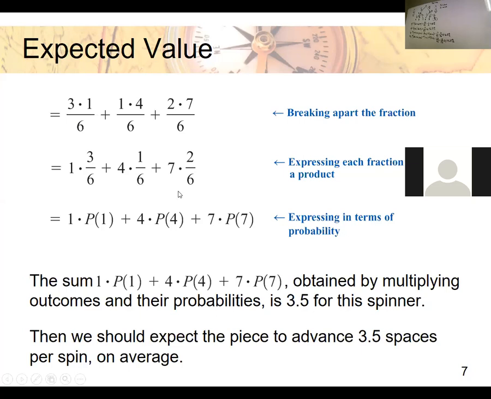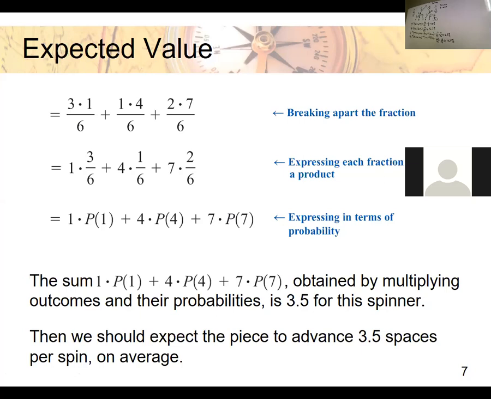Okay. That 3 over 6 represents the probability that a 1 will occur, and that'll be multiplied by 1. And then this 1 over 6 represents the probability that a 4 will occur, so that would be 4 times the probability of a 4. And then 2 over 6 is the probability that a 7 will occur, so that's going to be 7 times the probability of getting a 7.